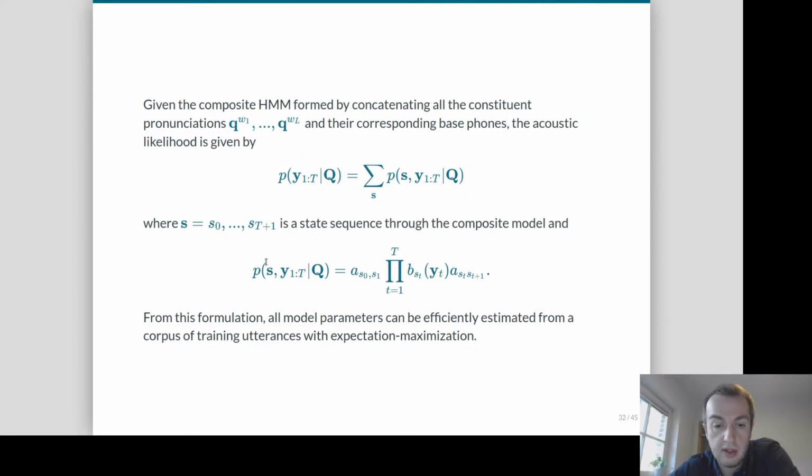Here we are defining everything in terms of the joint between the state and the y, just to make things more convenient, because we would then be marginalizing out this state. And this is why you see these a variables appear, because they correspond to the probability of transitioning from state i to state j. Right? And so that's it, basically.